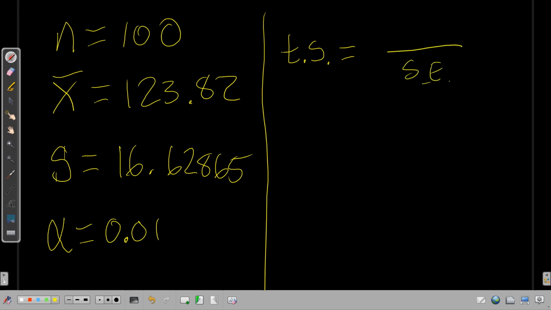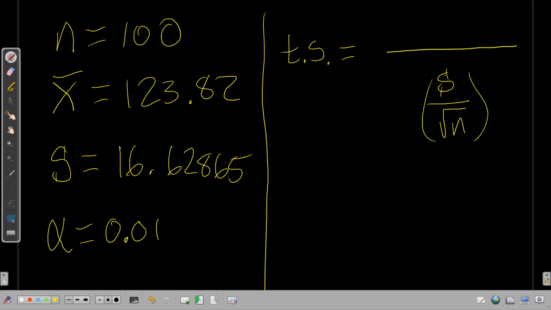And the standard error here is just s over the square root of n. That's in the denominator. And the numerator is the observation, we observe this in our sample, minus the population mean. So this is a test statistic.